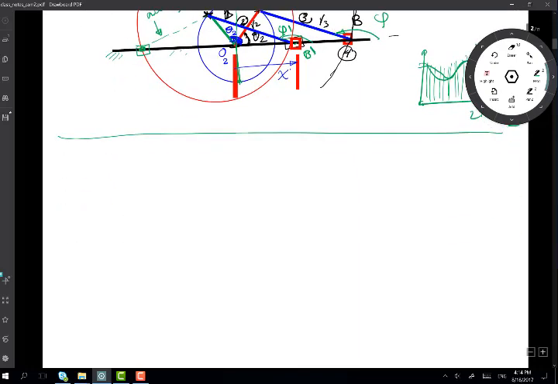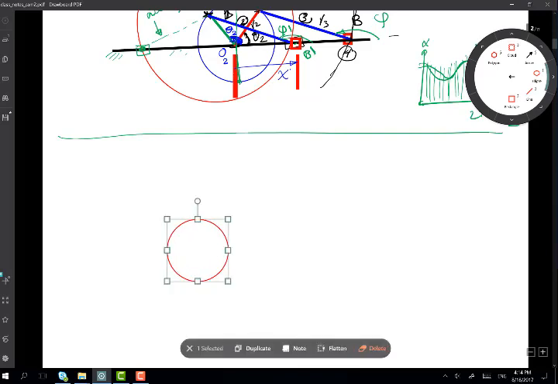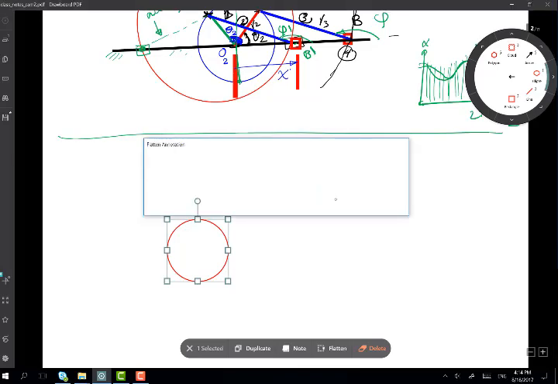All right, so now a four-body chain. I will go back to my circles and insert a nice circle for the crank. So let's say this will be the crank here, and I can just flatten this so it doesn't move around.